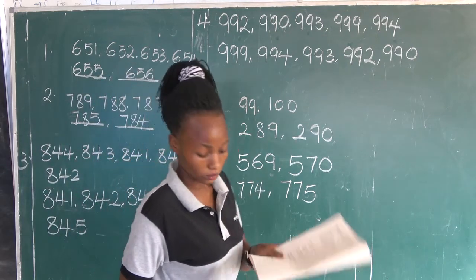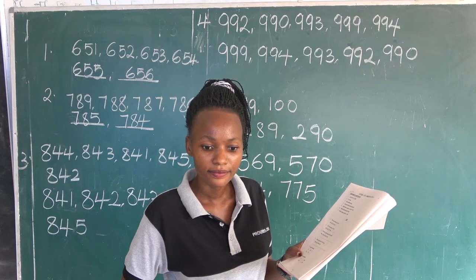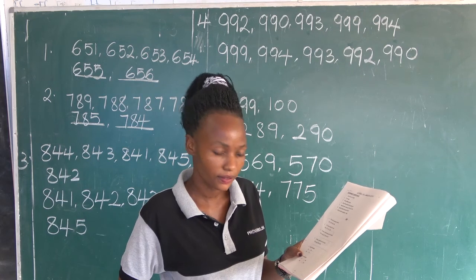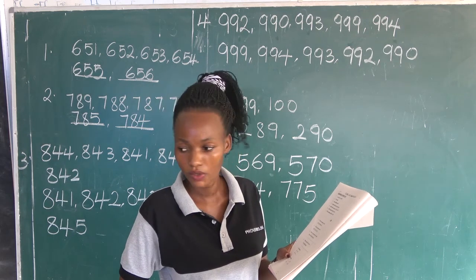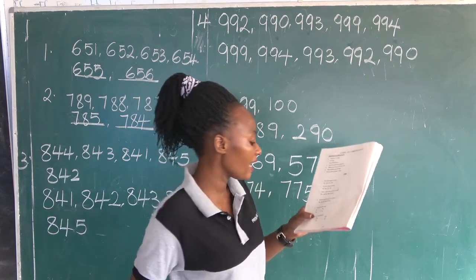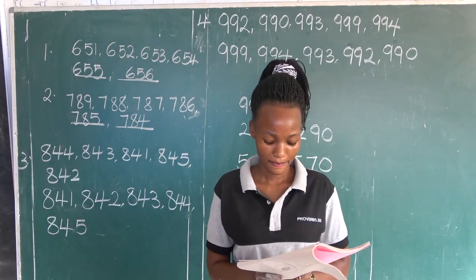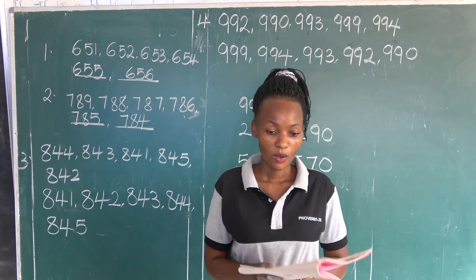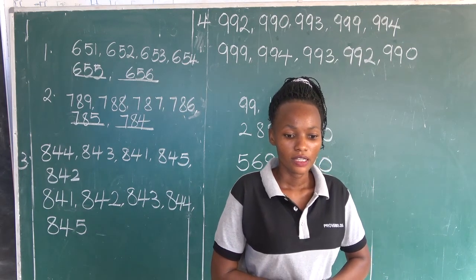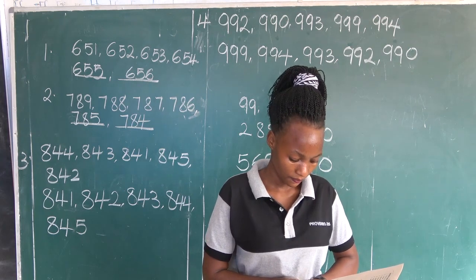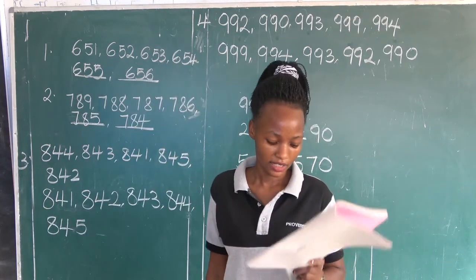Write the numbers before. Which number comes before 100? 99. 99, write it there. Which number comes before 499? 498.